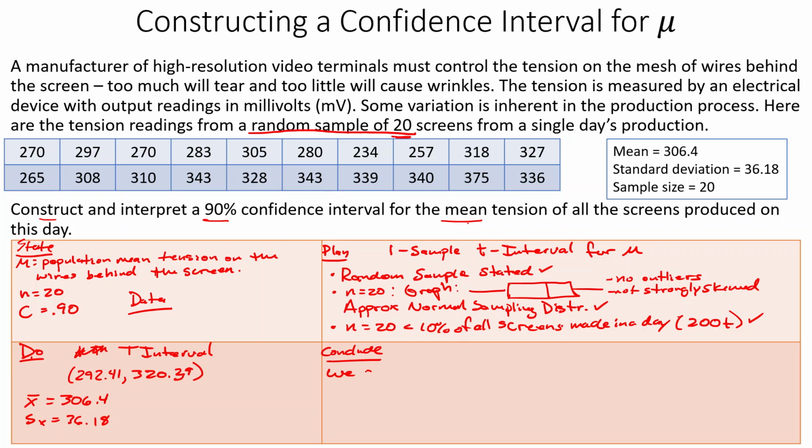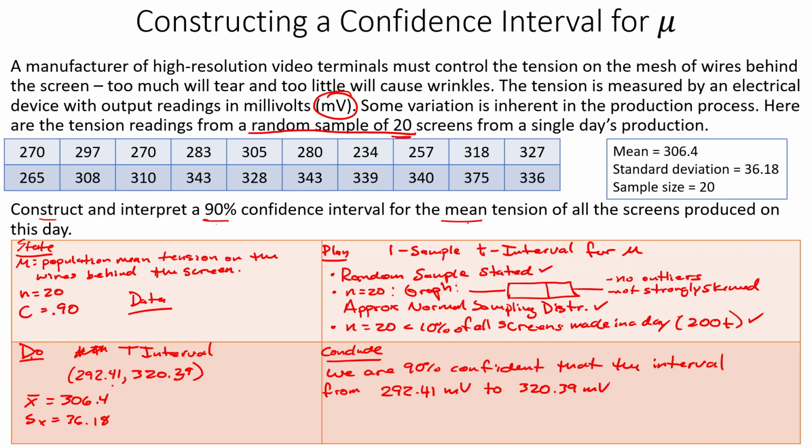And now we conclude. All right, so we are 90% confident that the interval from 292.41, and our units here are MV, millivolts, to 320.39 MV captures the population or true mean tension on the wires behind the screen.